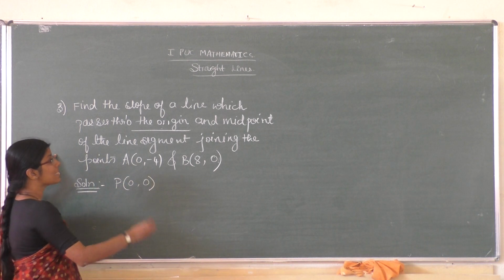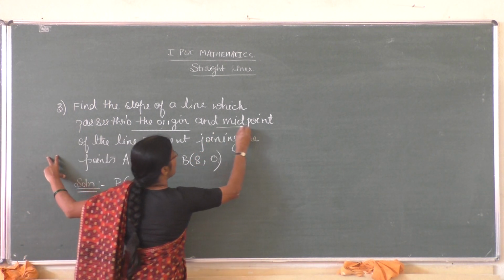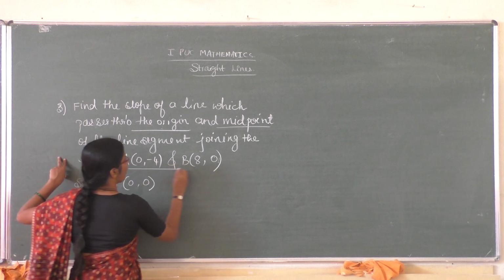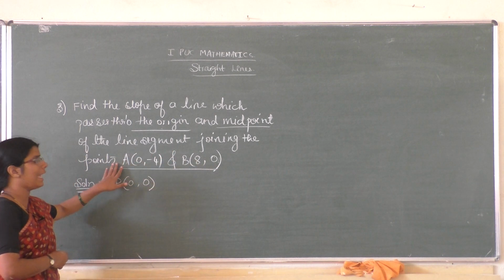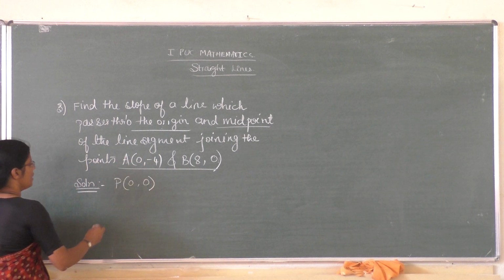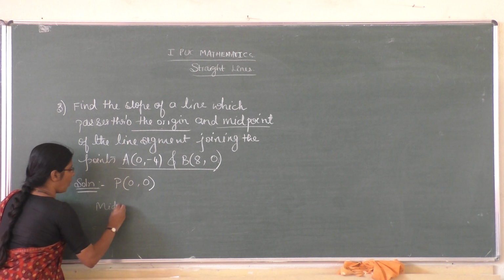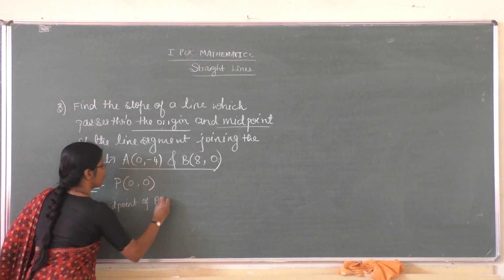Then you have to take the next point. What is the next point? It's nothing but the midpoint of the line joining A and B. So you have to find the midpoint of AB.